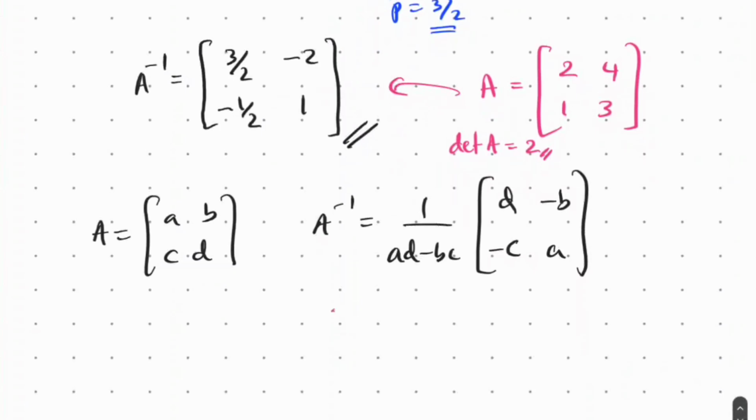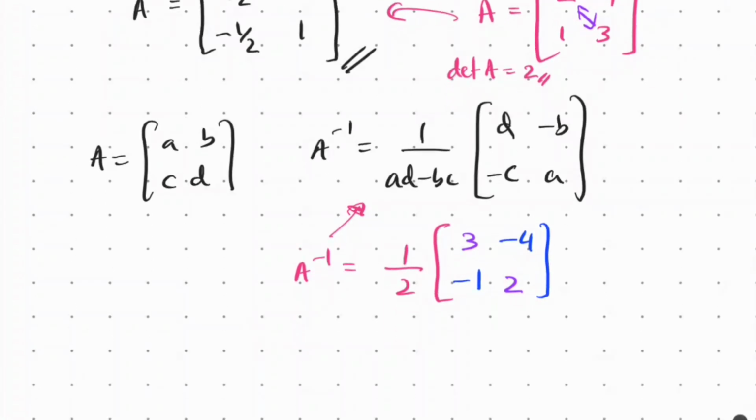If I use this formula, I have to get A inverse to be 1 over 2 times the matrix with the 2 and 3 switched, so 3 goes here, 2 goes there, and minus signs for the B and C. If I simplify now, I get 3 over 2, minus 2, minus half and a 1. Yeah, that's what we got here.